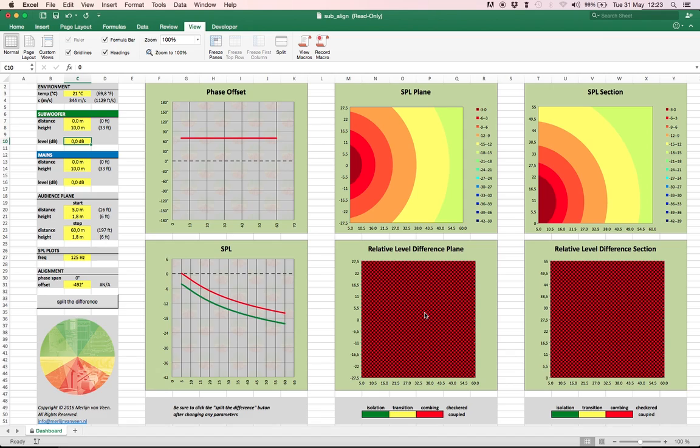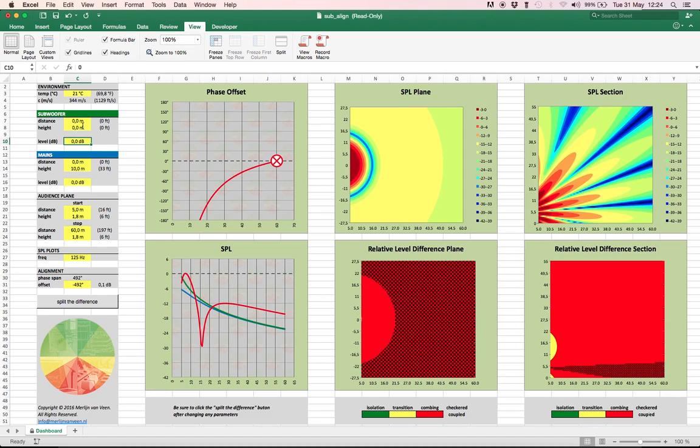Now, what if we want to combine flown subwoofers with ground stack subwoofers, which is not uncommon in large-scale events? Well, then we have to think of our main speakers as flown subwoofers, and our original subwoofer will become our ground stacked subwoofer. So, back to the previous situation, just think of our main speakers at 10 meters height.